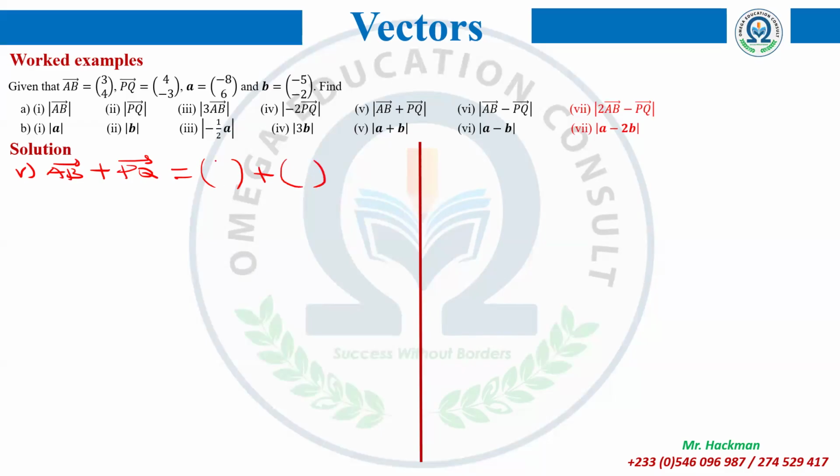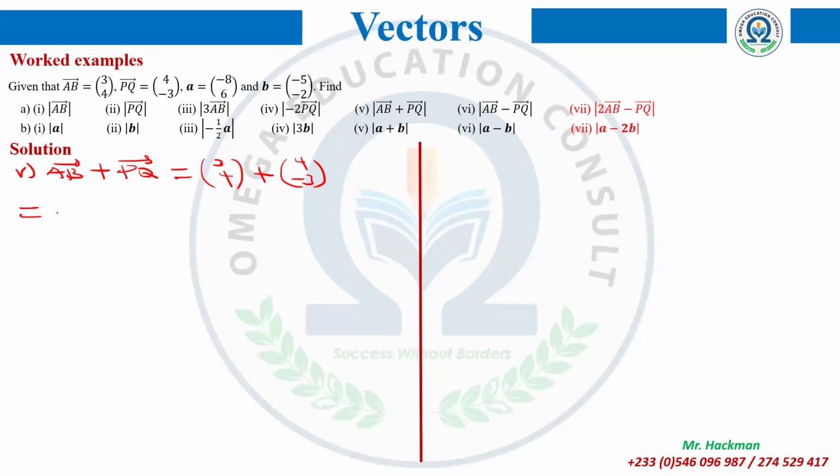So AB is 3, 4. Then vector PQ is 4, negative 3. So in effect, you can see that I'm coming down. The next thing that you usually write equal to here, come and write your equal to here. Push your work to the side.